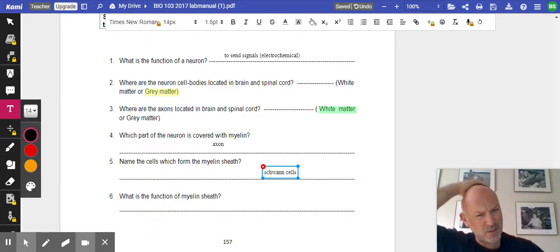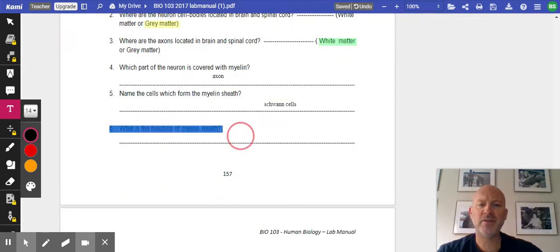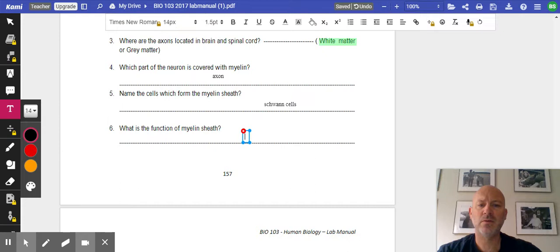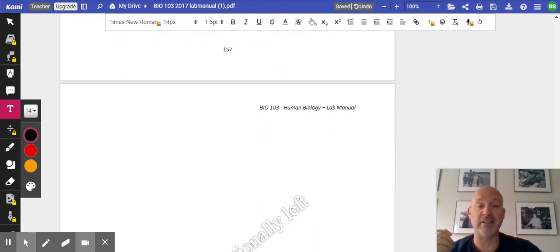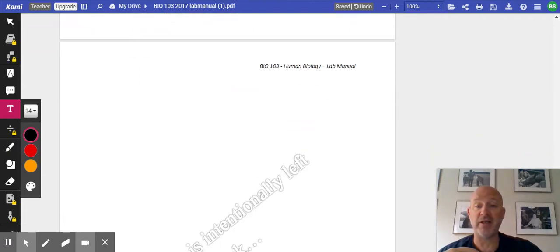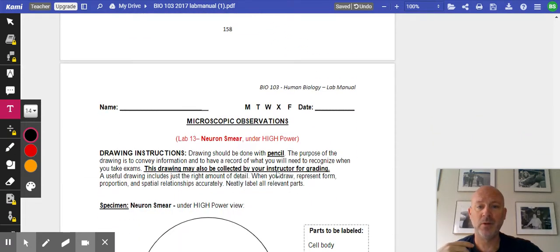And what is the function of the myelin sheath? That is to insulate axons. Remember, myelinated axons send signals faster than non-myelinated axons. There are non-myelinated axons in the body as well.